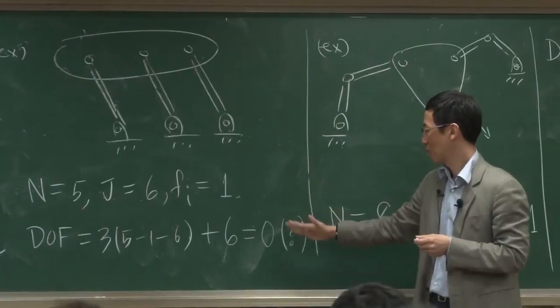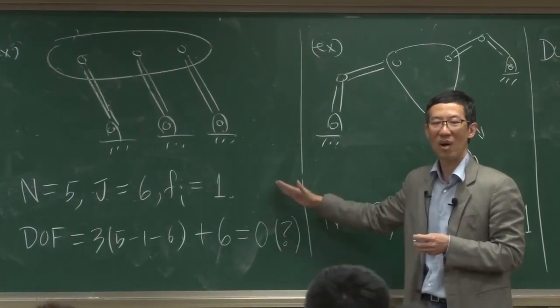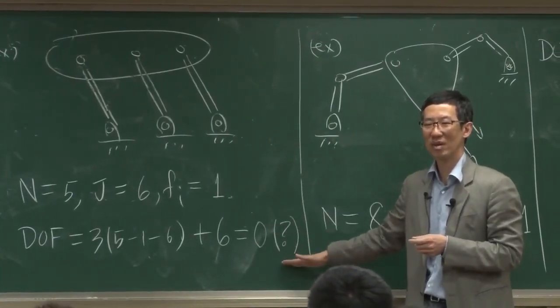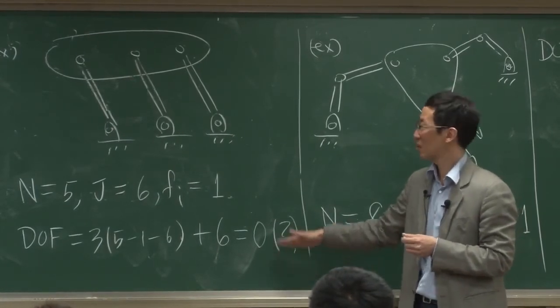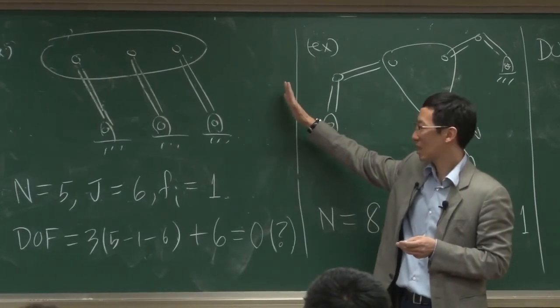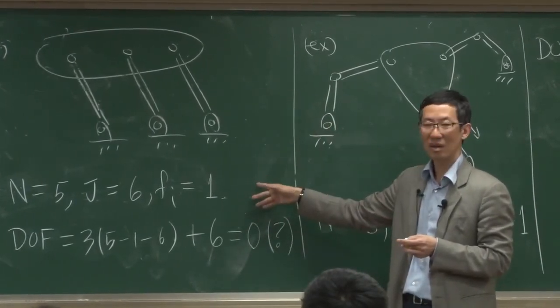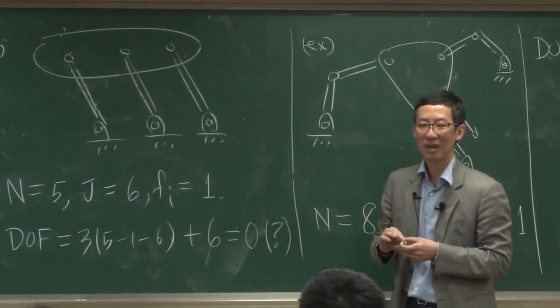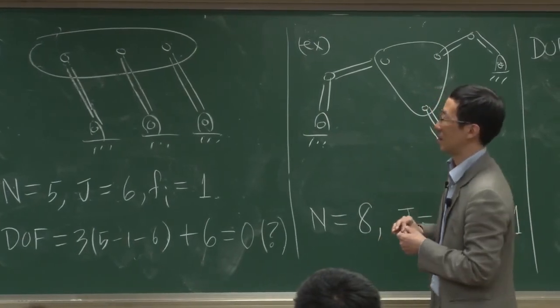So what went wrong here? Is Grubler's formula wrong, or did we do something incorrectly, counting the number of joints or links or degrees of freedom? Not clear, right?